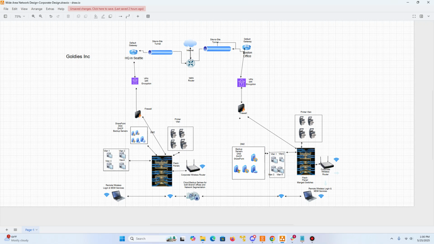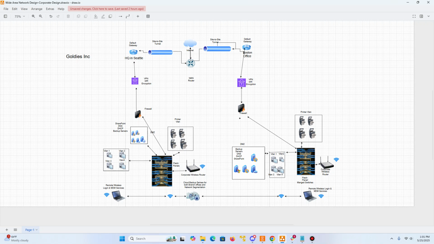We can look at our wireless router, and a wireless router will provide wireless communications, especially for remote users who are out of the office or who are on assignment at another location. So we'll use the most secure wireless network. For enterprises, we'll use an encryption method entitled WPA3.